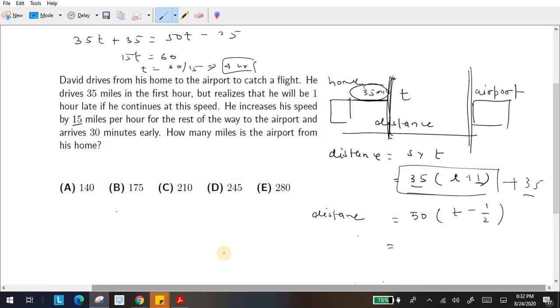So 35 times 154 plus 60, which would be 254, is the distance. 35 miles per hour, and then 254 over 60 would give us what? 35 times 254 over 60.